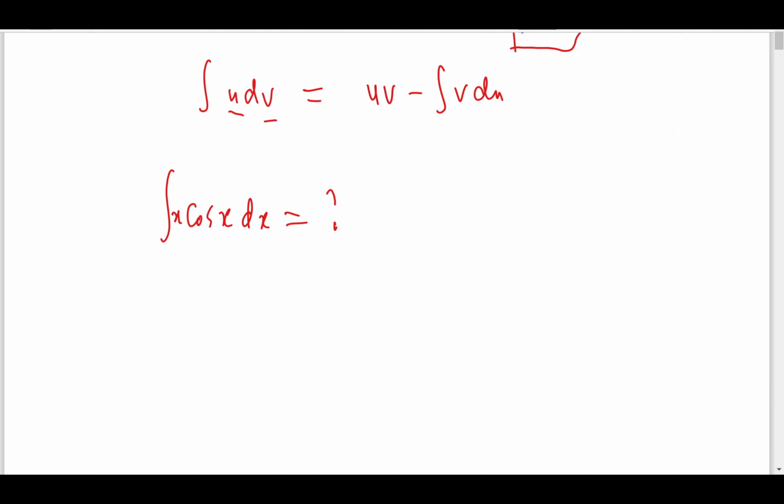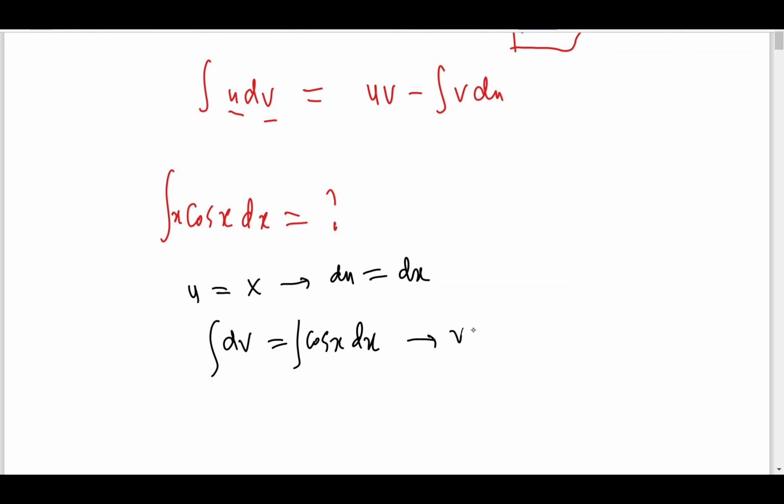For this one, we start with u equal to x, so du is dx, and dv is cosine x dx. You integrate, and v will be sine x.